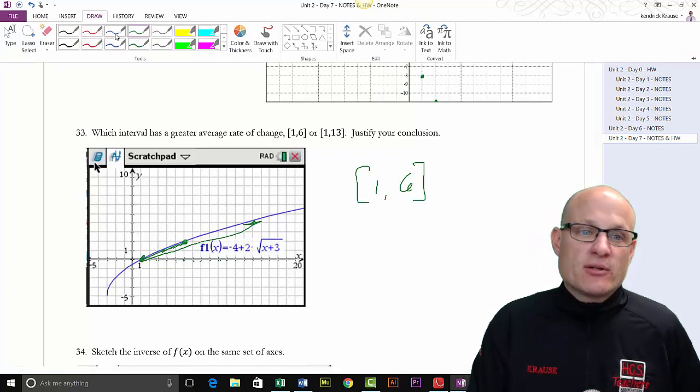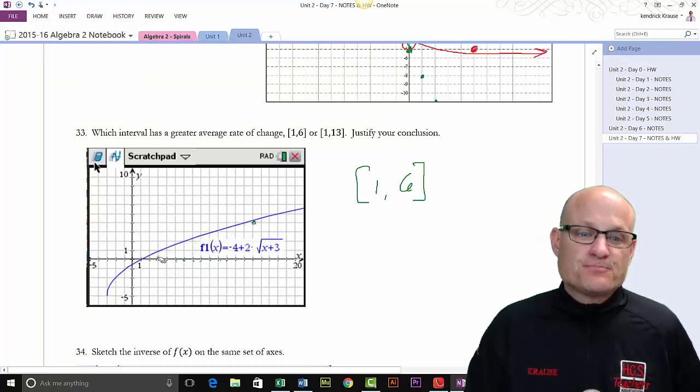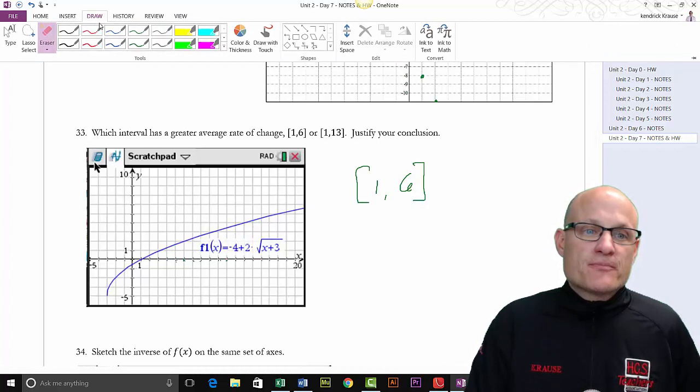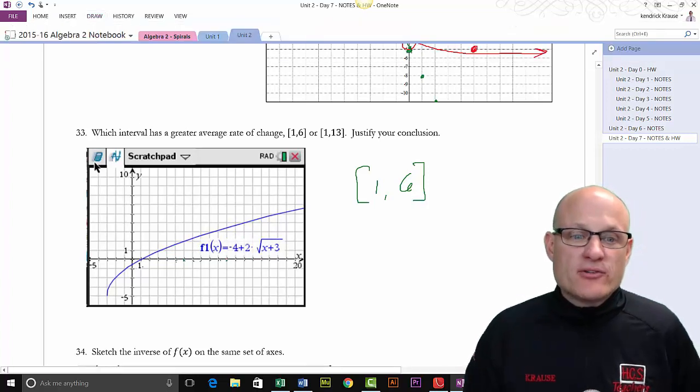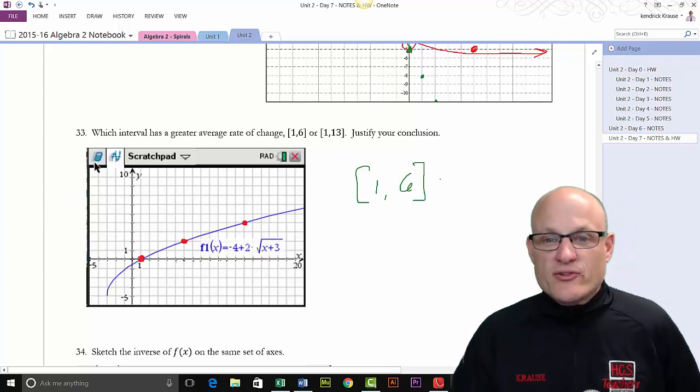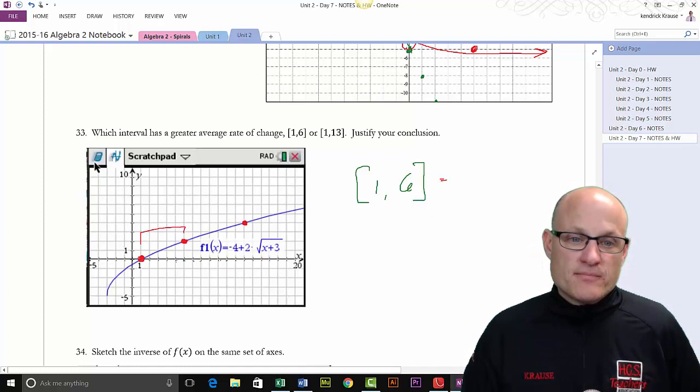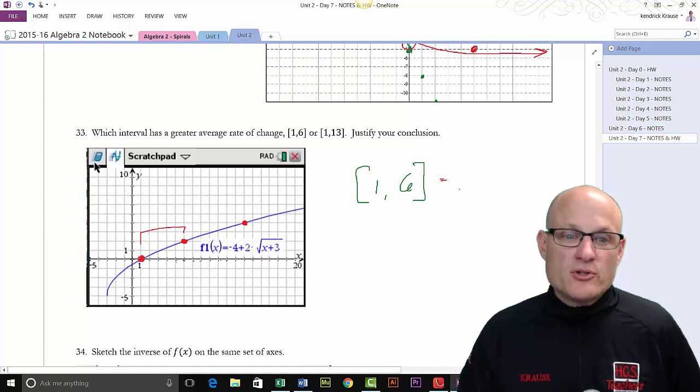So let me erase and let's get those points on there. So if you were doing it using the graph, this is 1. And 6 is 2, 3, 4, 5, 6. 7, 8, 9, 10, 11, 12, 13. So from 1 to 6, that's from here to here, we're going to go up 2 and over 6.